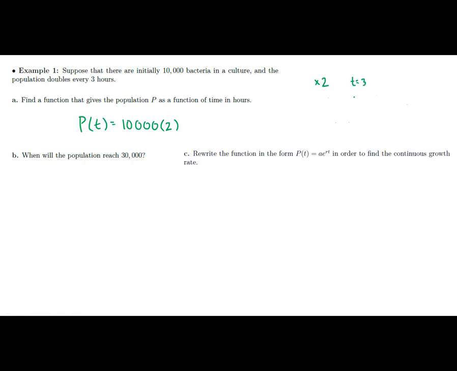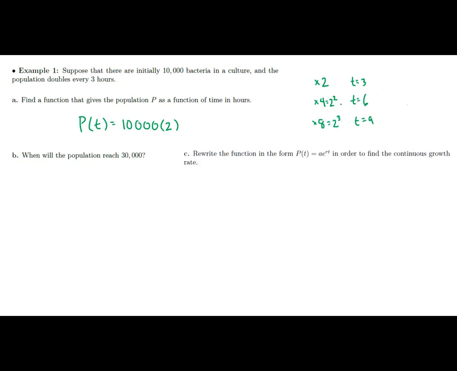After another 3 hours, when t equals 6, we want to times by 2 again. So in other words, we want to times by 4, or 2 to the second power. And when t is equal to 9, I want to times by 2 yet again. So that means overall times the initial population by 8. So that's 2 to the third.